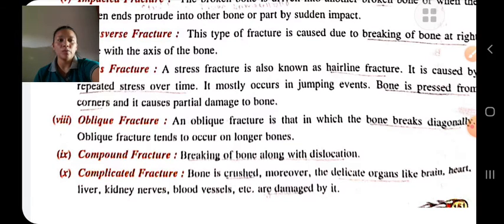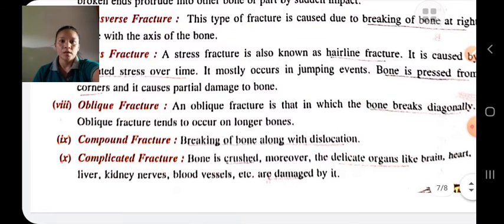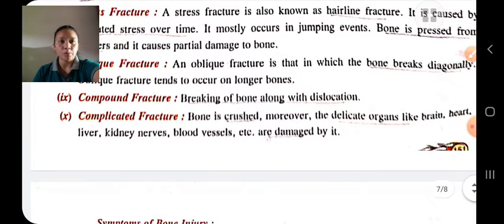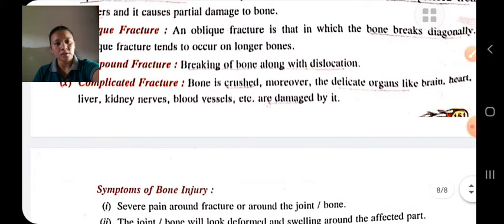Oblique fractures: the bones break diagonally. Compound fractures: there is breaking of bones along with dislocations. Complicated fractures: the bone is crushed, and delicate organs like the brain, heart, kidney, etc. are damaged by it.